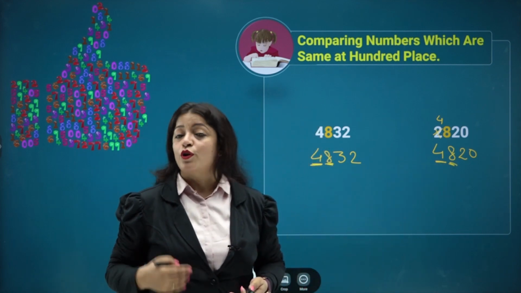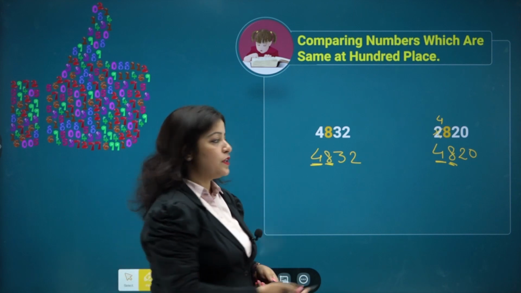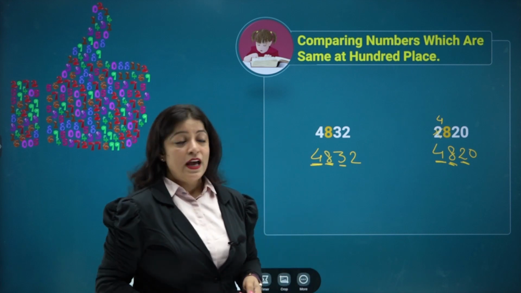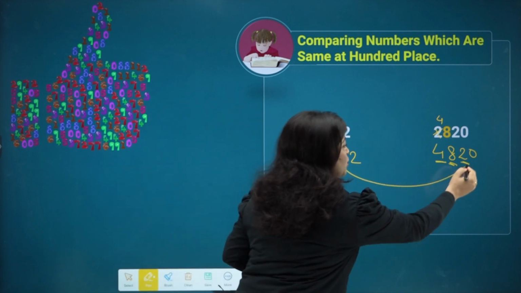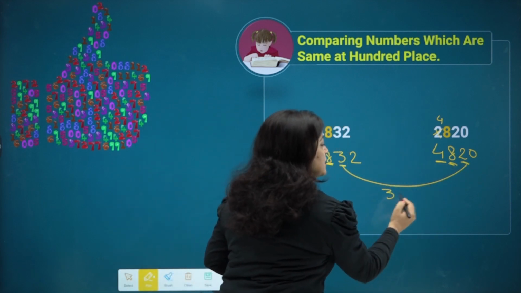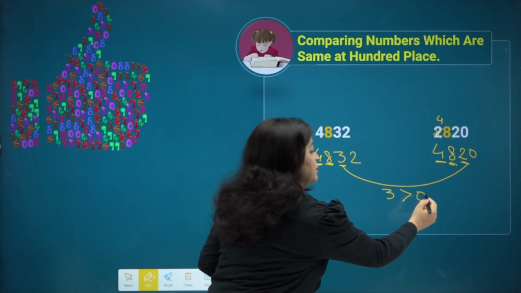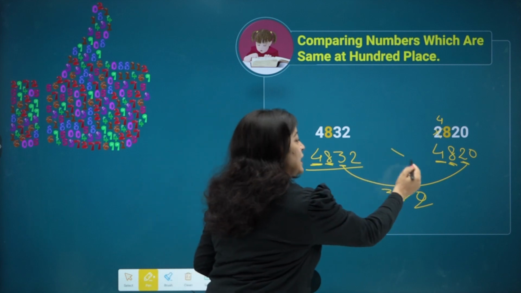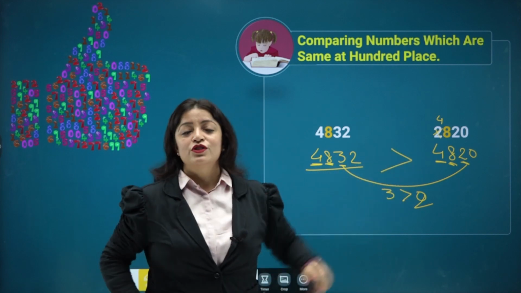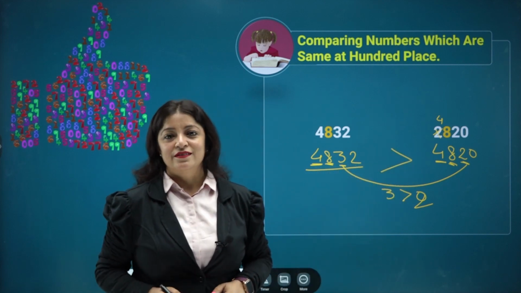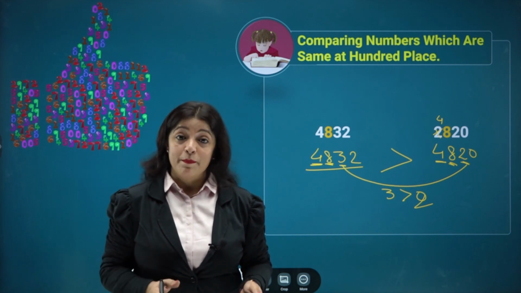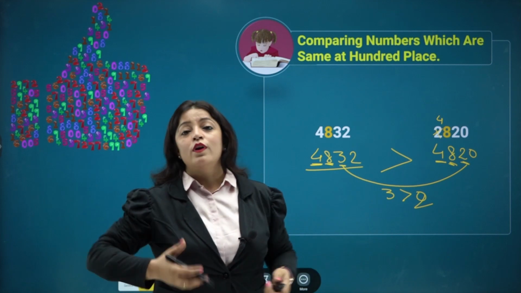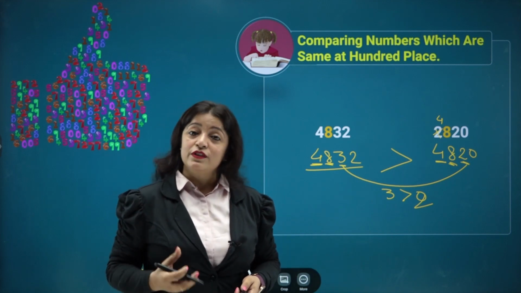Then we move further to the right-hand side and find that the digits at the tens place, 3 and 2, are different. When we compare 3 and 2, we find that 3 is greater than 2. That means the number with the greater digit will be greater. So in this way we can compare various numbers even if the first 2 or 3 or 4 digits of a number are the same.